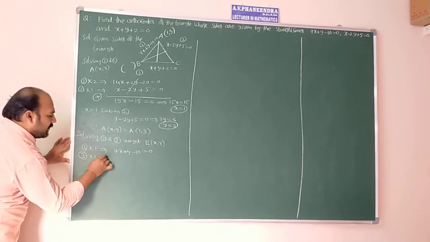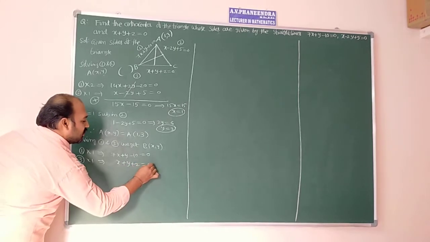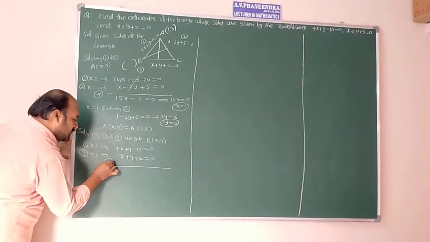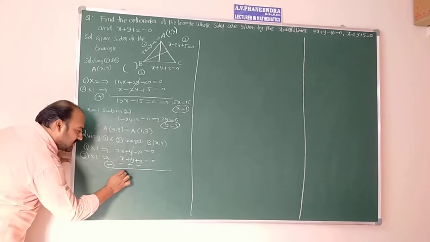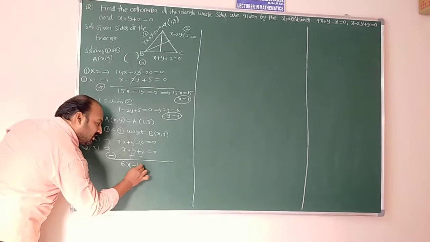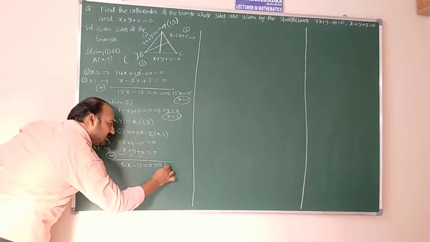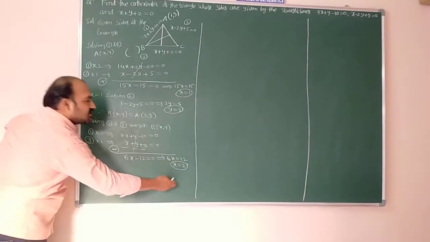Equation 3 into 1, same equation: x plus y plus 2 equal to 0. Subtract both the equations. Whenever subtracting, the sign changes. These two will be cancelled. 7x minus x is 6x. Minus 10 minus 2 is minus 12 equal to 0. That implies 6x is equal to 12. X is equal to 2.